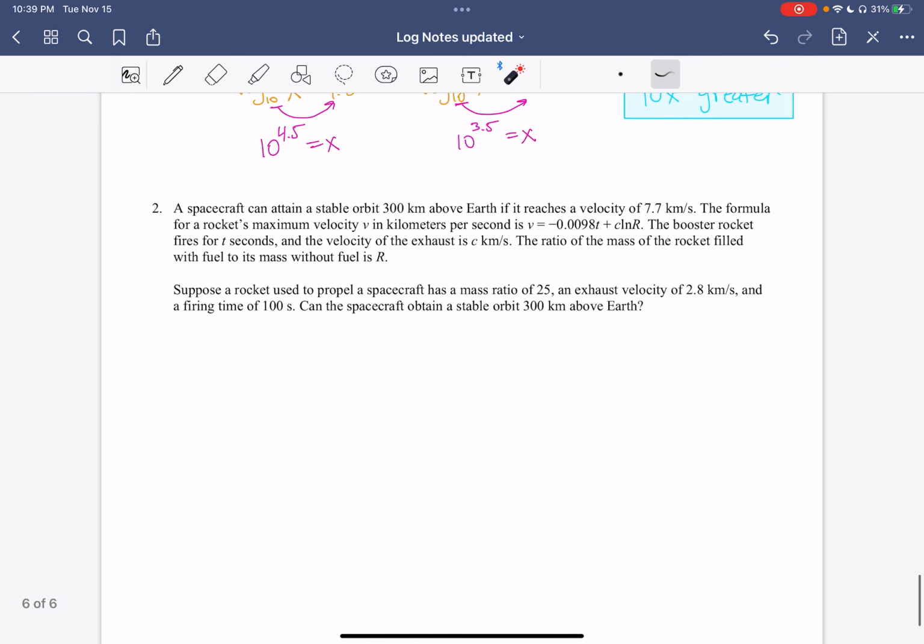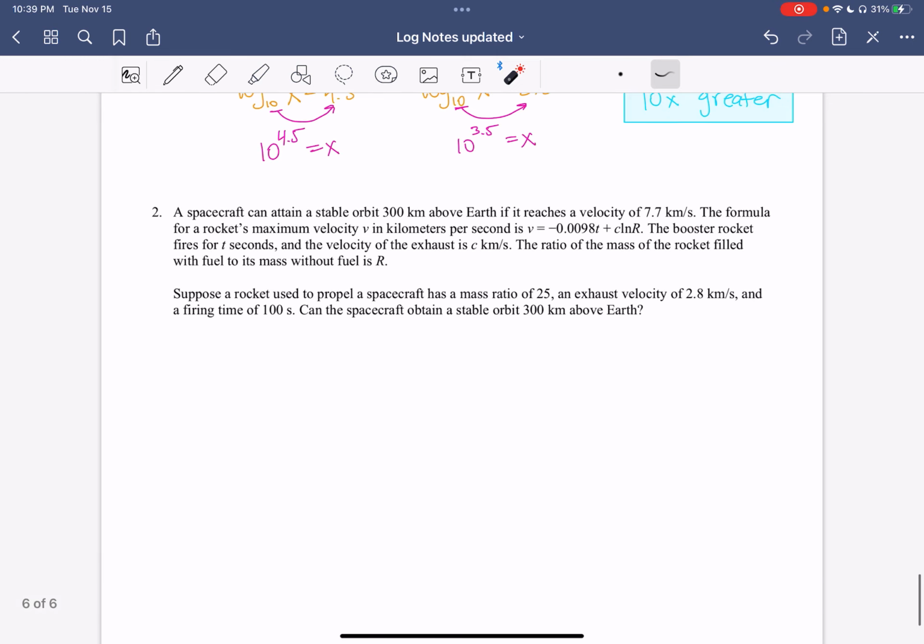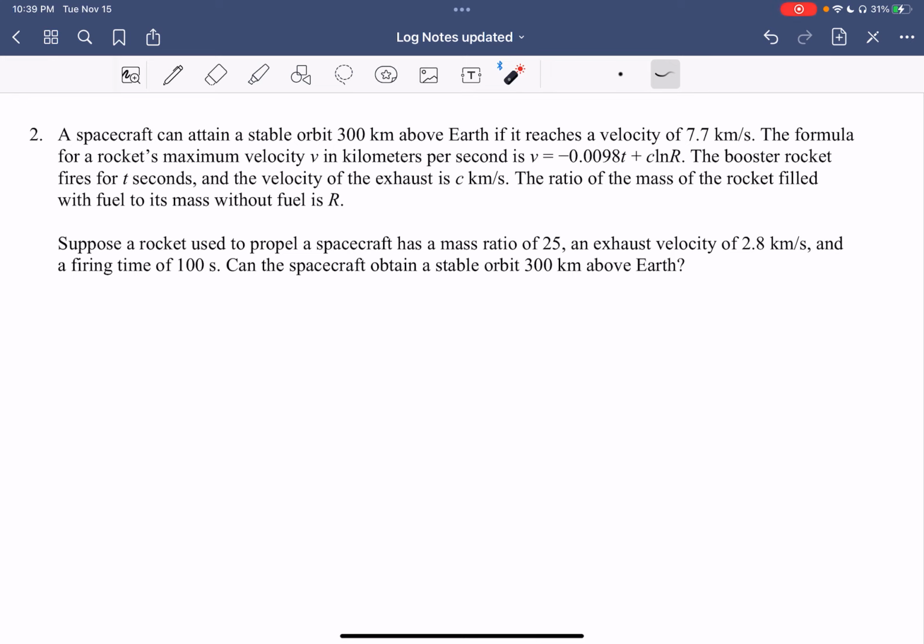Okay, last problem. A spacecraft can attain a stable orbit 300 kilometers above the Earth if it reaches a velocity of 7.7 kilometers per second. The formula for a rocket's maximum velocity v in kilometers per second is v equals negative 0.0098 t plus c times the natural log of r.